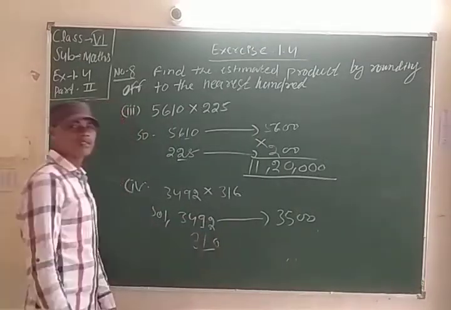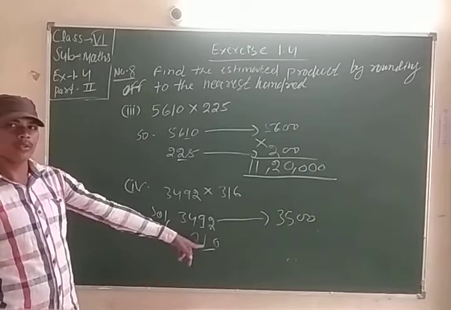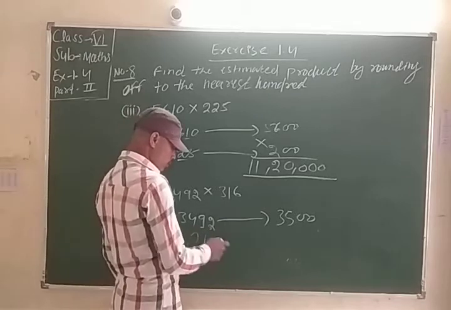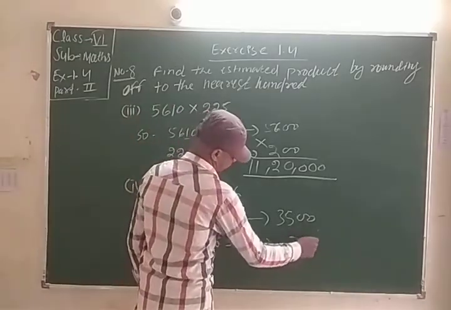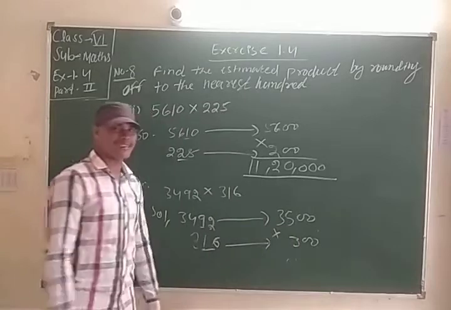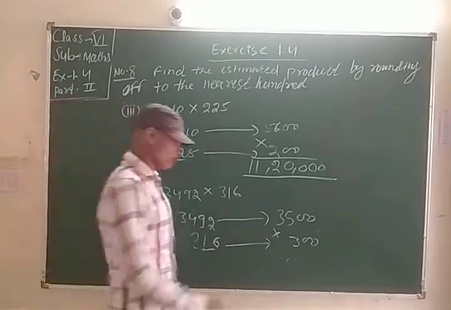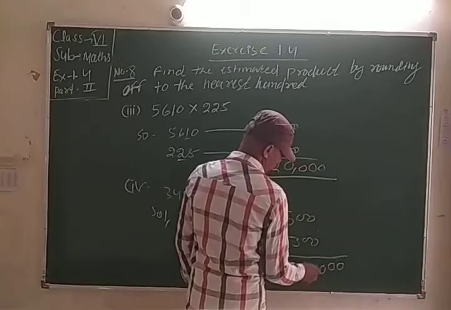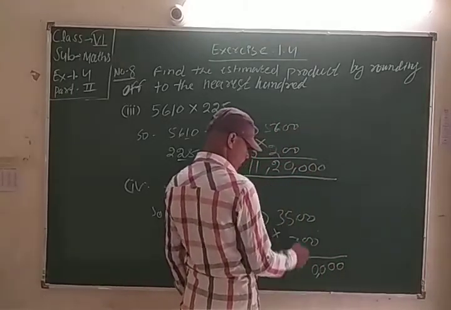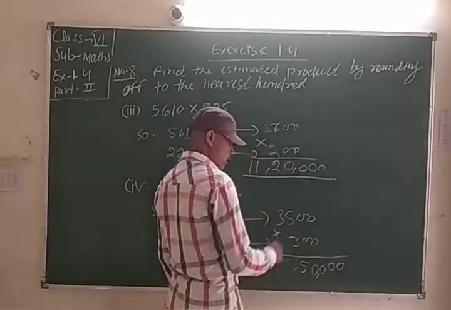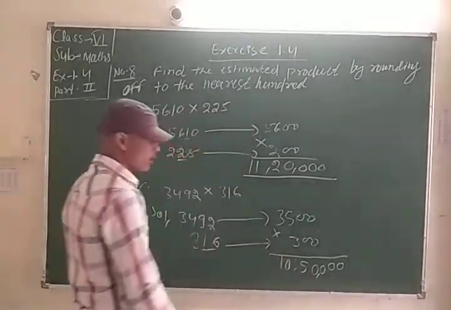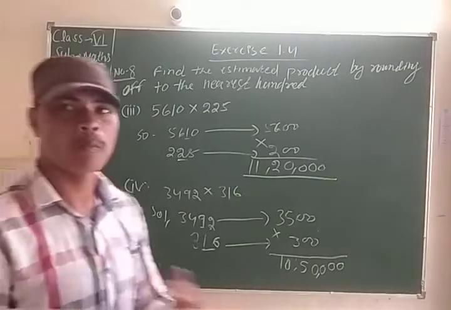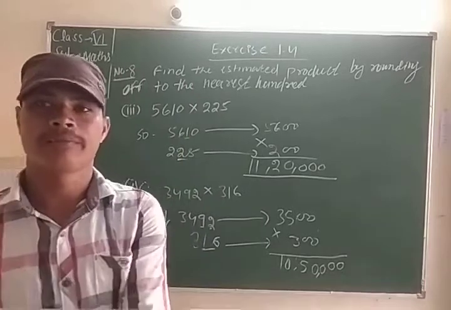Here the tens digit is 1, so it should be rounded to 300, because 1 is less than 5. Again we put 4 zeros. Now 3 times 5 is 15. Now 3 threes are 9 and 1 makes 10. The answer is 1,050,000 rounded. Clear?